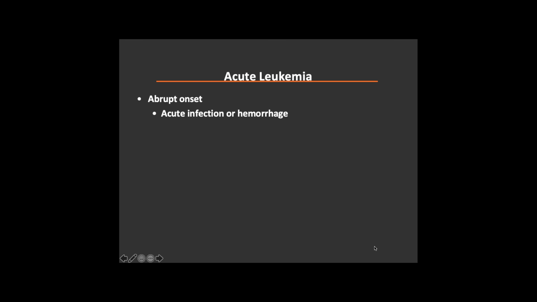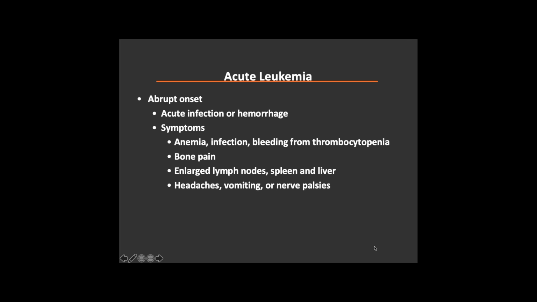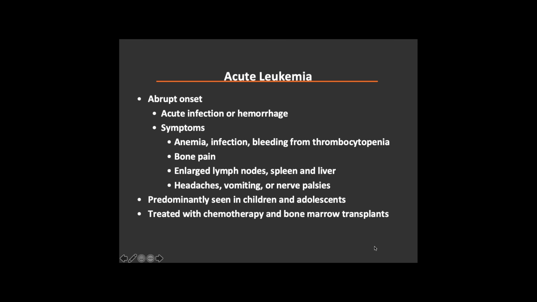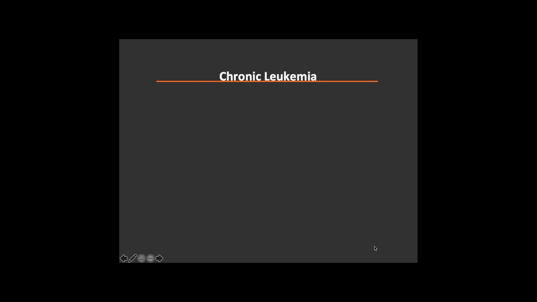It can be from infection, and symptoms can include anemia, infection, bleeding from thrombocytopenia, bone pain, and enlarged lymph nodes, enlarged spleen and liver, headaches, vomiting, or nerve palsies, and this is predominantly seen in children and adolescents. We can treat this with chemotherapy and with bone marrow transplants.